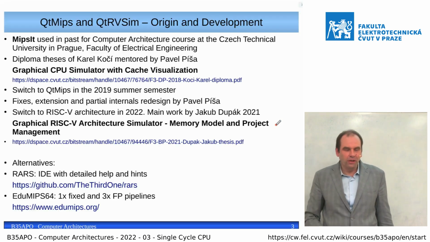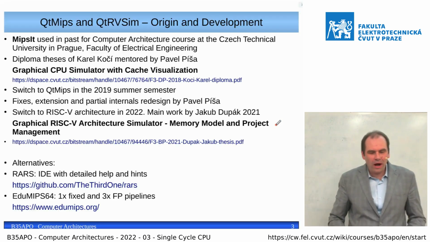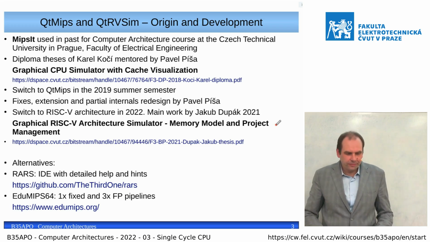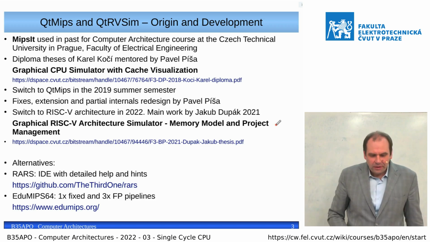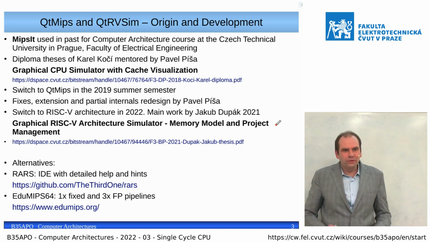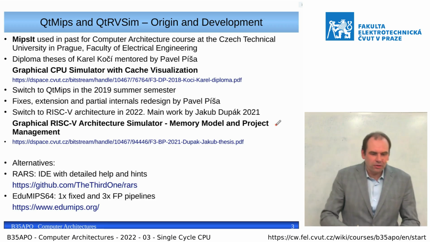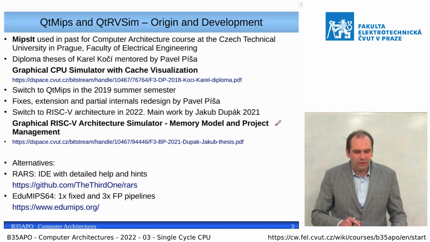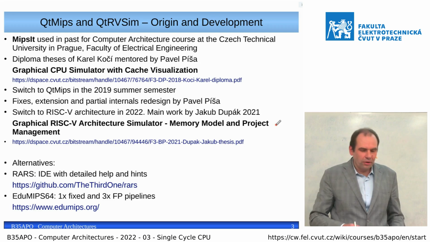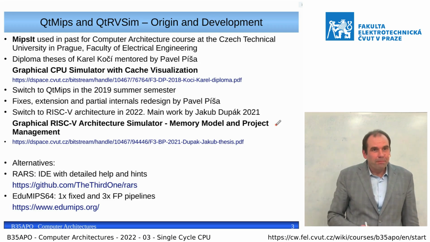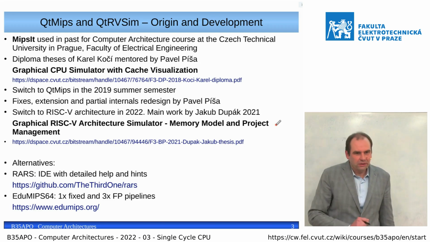Okay, so how to teach and show how the CPU works. You can try to do something directly with some microcontroller, or you can try something directly on your CPU on the laptop and so on, but it is quite complex.